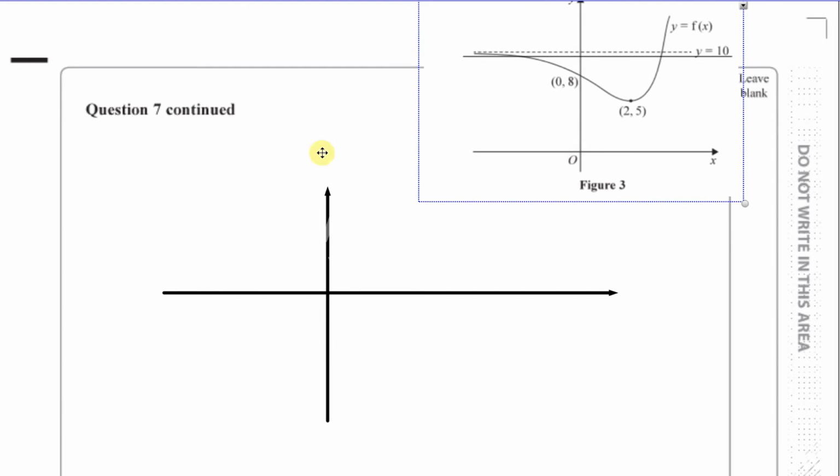So we have your x-axis and your y-axis. Now we're drawing y equals minus f of x.